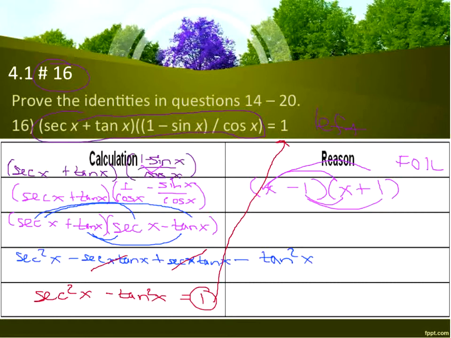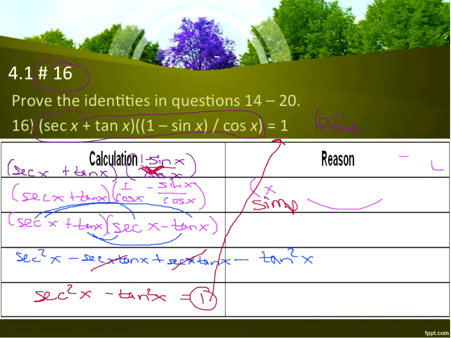So let's go through our right-hand side and how we would justify these steps, just making sure that we know what to write over here. So let's grab my pen. Our first step, we just sort of simplified. We put our cosine squared x under each part. So we could say that we simplified our fractions.